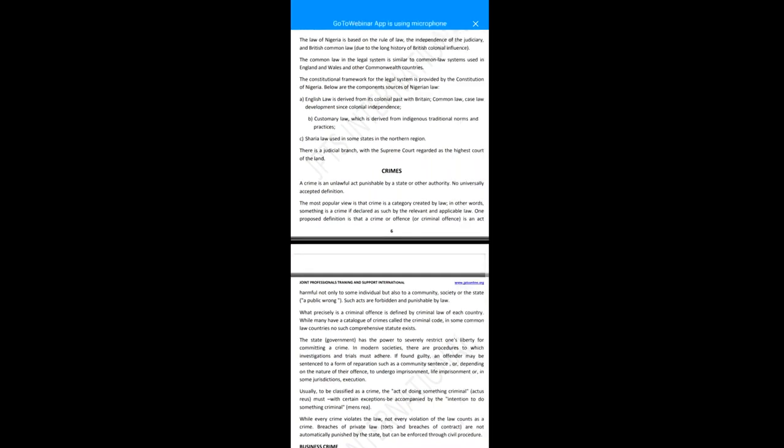In other words, something is a crime if declared as such by the relevant, appropriate or applicable law or institution. One proposed definition is that a crime or offense is an act harmful not only to some individuals but also to a community, society, or the state. Such acts are forbidden and punishable by law.